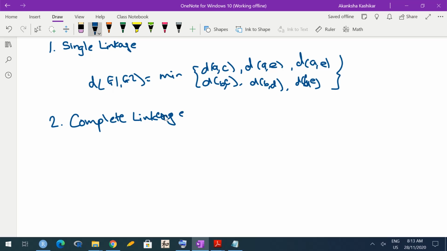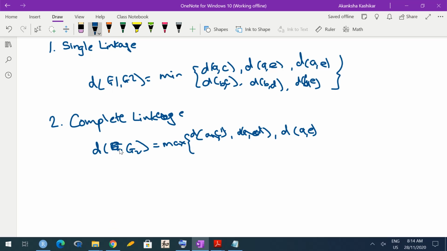Complete linkage says distance between group 1 and group 2 would be the maximum of distance AC, distance AD, distance AE, then distance BC, BD and BE.